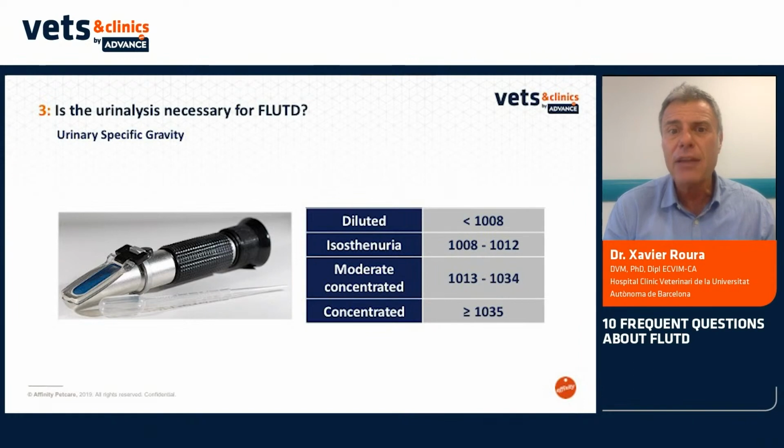So if we find a cat with isosthenuric or moderately concentrated urine, it means this cat has feline lower urinary tract disease but also additional diseases, because in the diseases that produce the clinical signs of feline lower urinary tract disease, the concentration is in general very high.